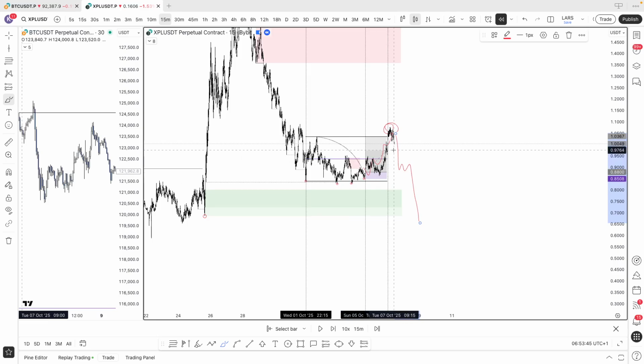I see it happen quite often, and I've experienced this with myself as well in the past, where you are now longing an altcoin, and because you are long and your profits are increasing and you've realized 4 or 5%, you're kind of in a euphoric state of mind, completely forgetting that you should be bearish, right?